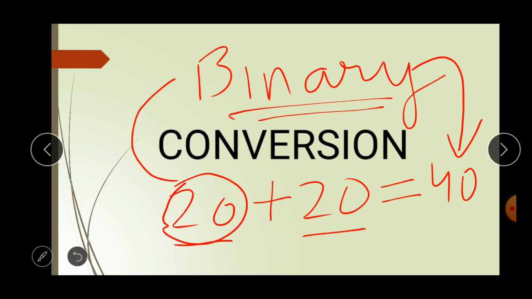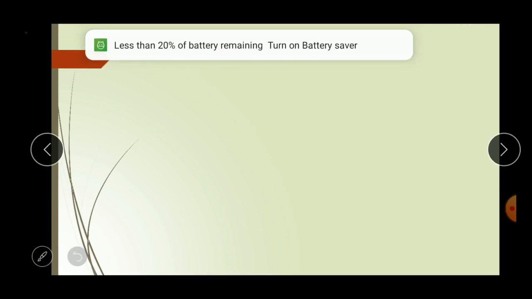So here two types of conversions are taking place, first from decimal to binary and second from binary to decimal. So let us understand how a decimal value can be converted into binary and again from binary to decimal.